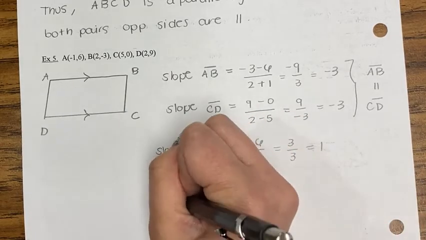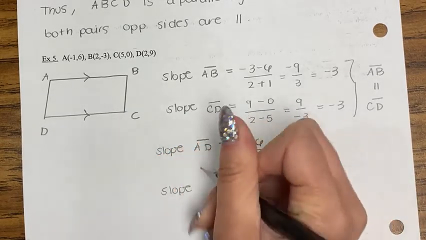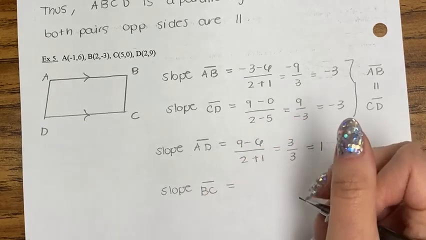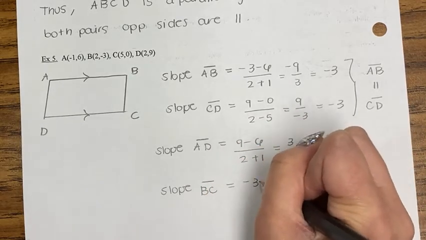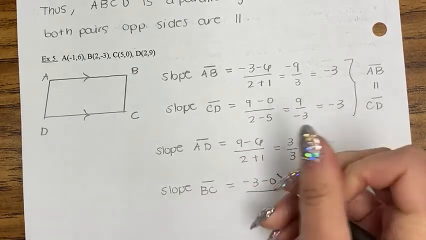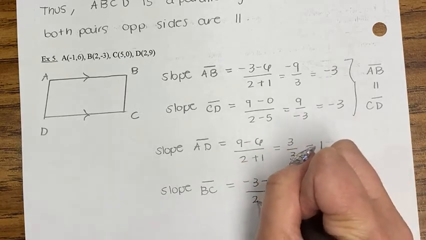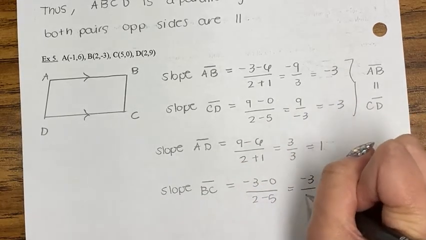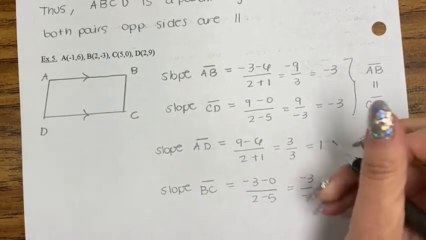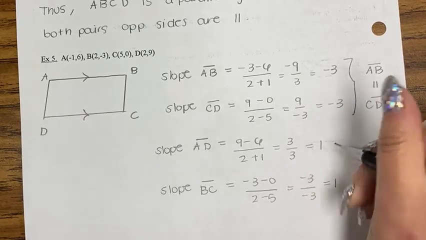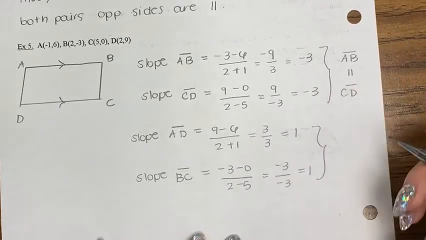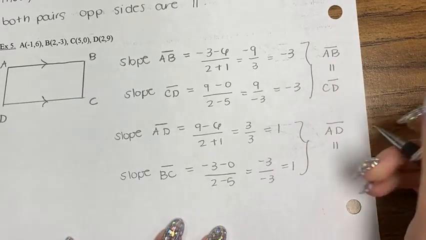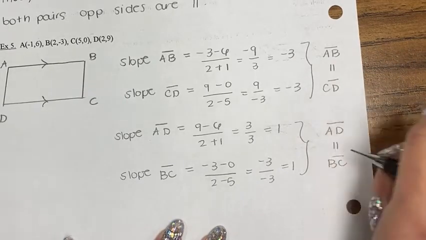Now my hope is that the slope of BC is the same. Let's see if it's true. Negative 3 minus 0 divided by 2 minus 5 is negative 3 divided by negative 3, which is equal to 1. So we are very happy because yes, they are the same. Therefore AD, the segment, is parallel to the segment BC.